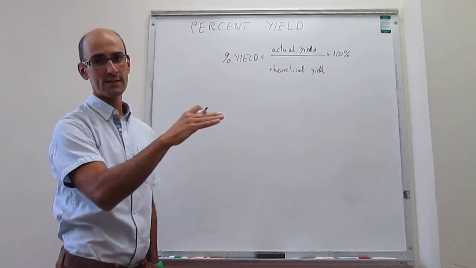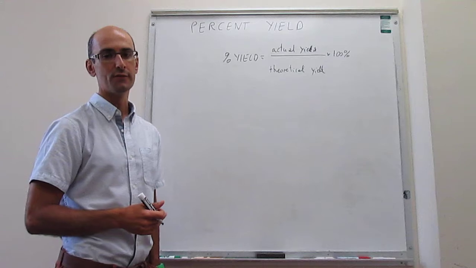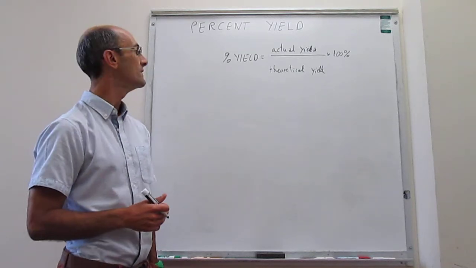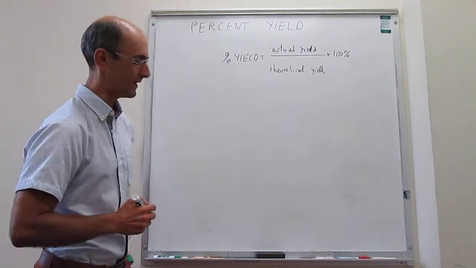Okay, so what you get over what you expect, multiplied by 100%, so you'll get a percentage of yield that you have obtained. All right, so let's run a numerical example to illustrate this concept.